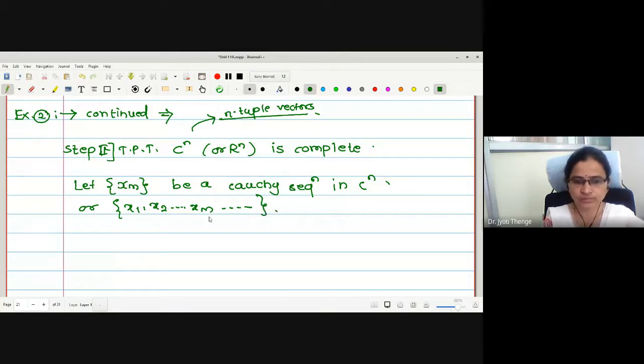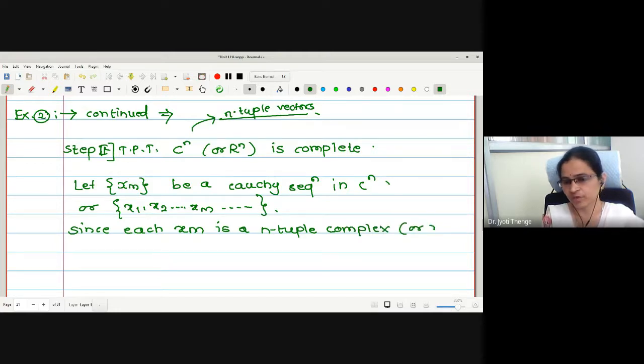Since each point xm is an n-tuple complex or real vector, we were considering both the cases simultaneously.